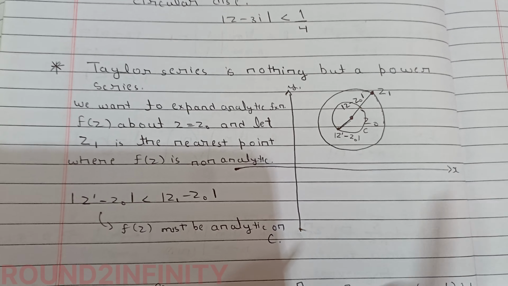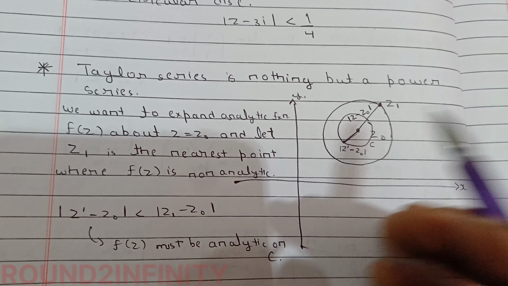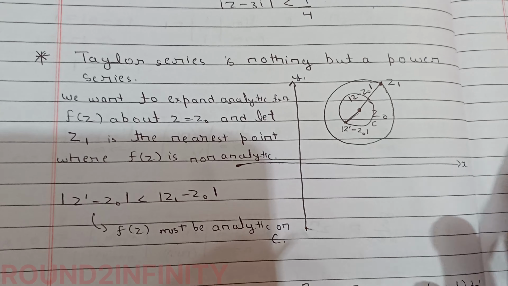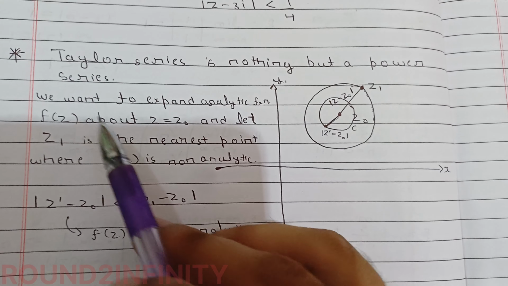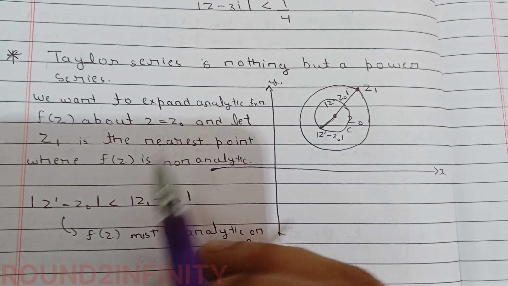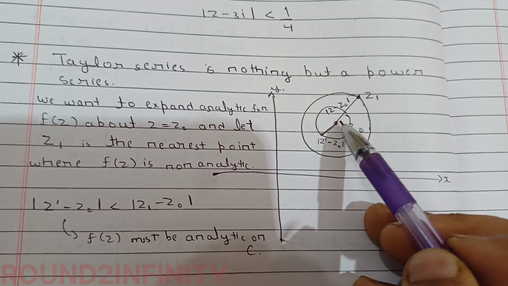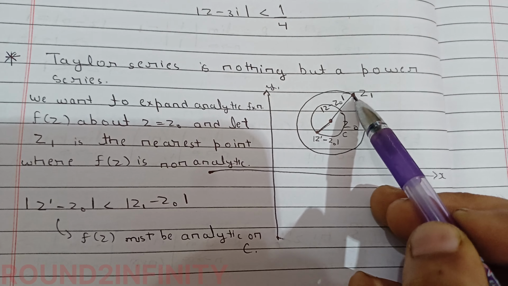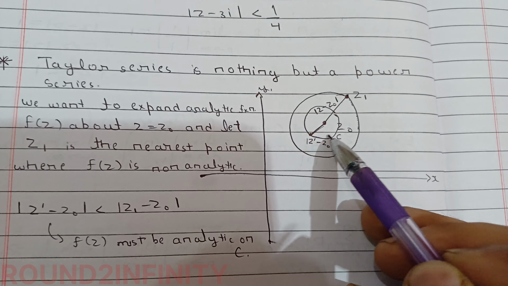Now let's see the Taylor series. Taylor series is nothing but just a power series expansion. So for an analytic function, if we want to expand any analytic function, let's say its center is at z0, and the first point where it is non-analytic is at z1. So in any region less than this, the function will be analytic.